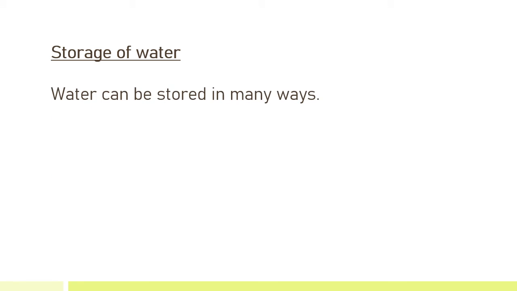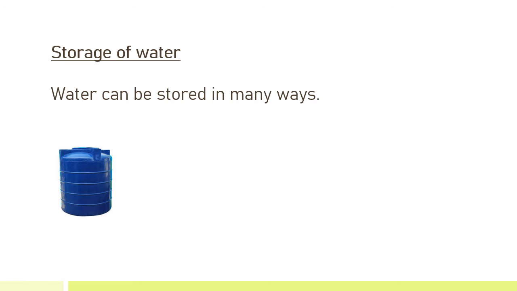Water can be stored in many ways, like in a water tank. Most people nowadays have submersibles in their houses. We don't switch on the submersible every time we need to bathe or do our day-to-day household activities.